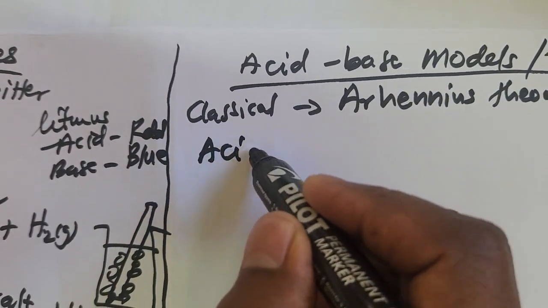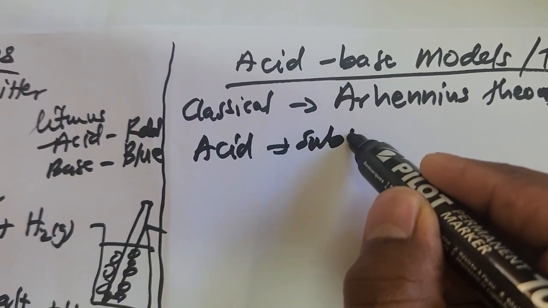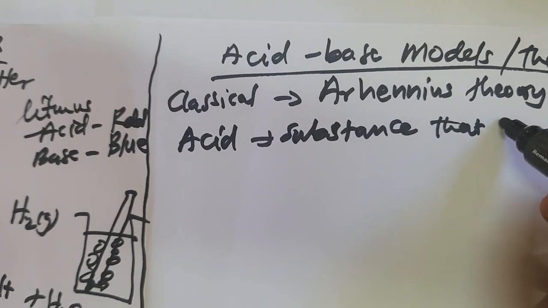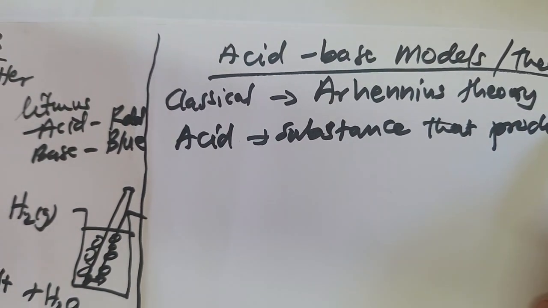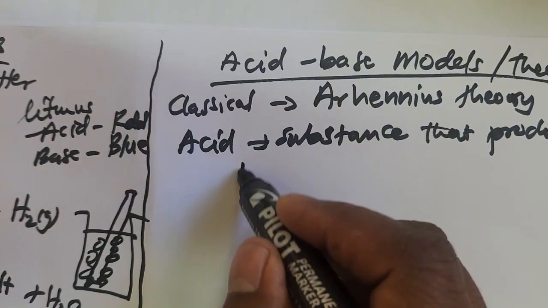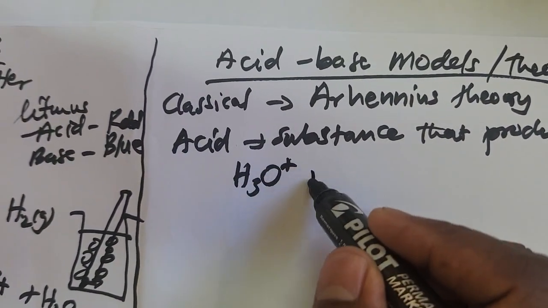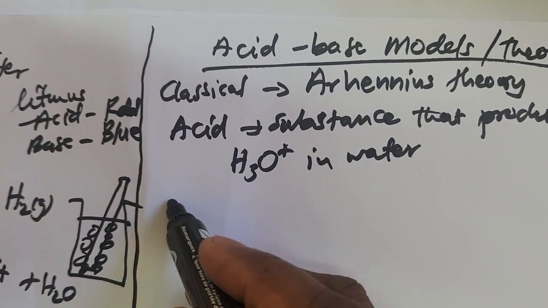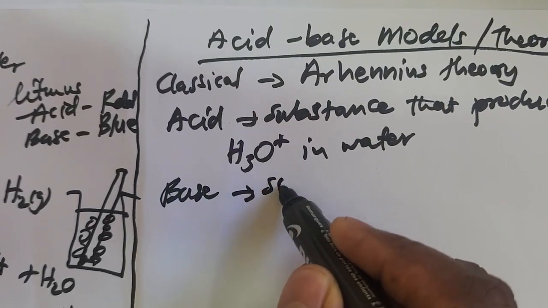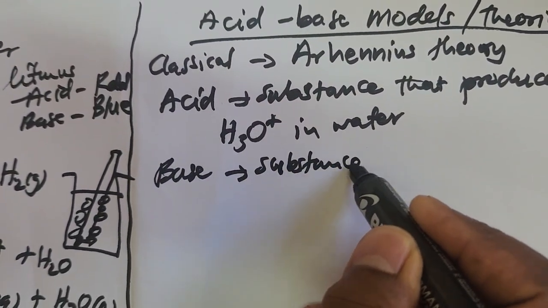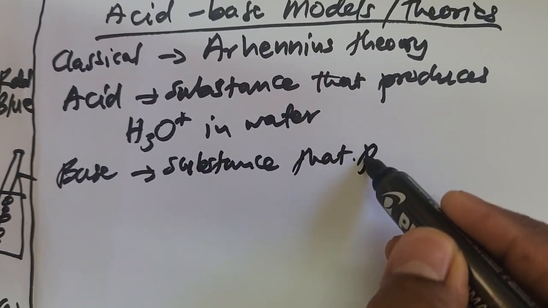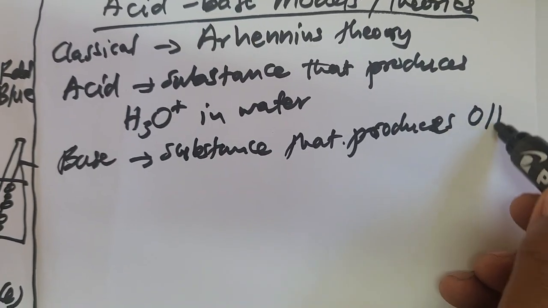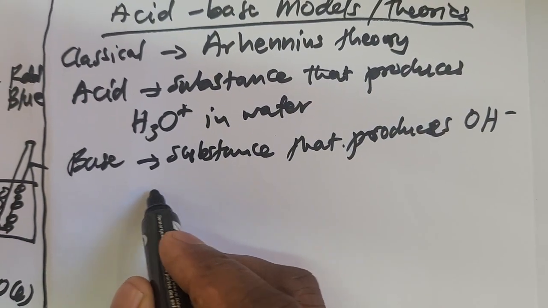According to Arrhenius, an acid is any substance that forms or produces hydronium ions in water or in solution, whereas a base is any substance that produces OH minus hydroxide ions in water.